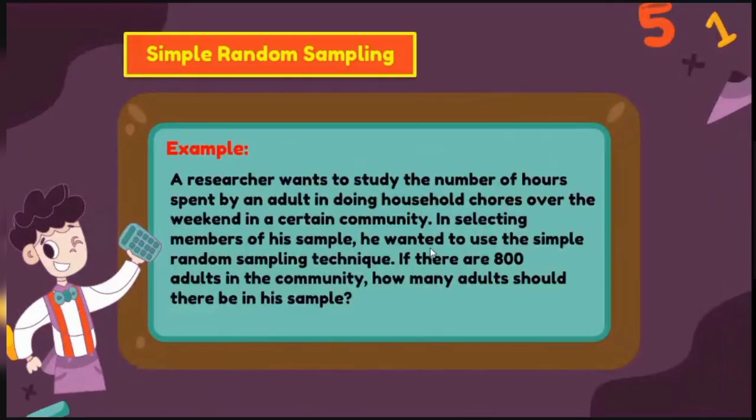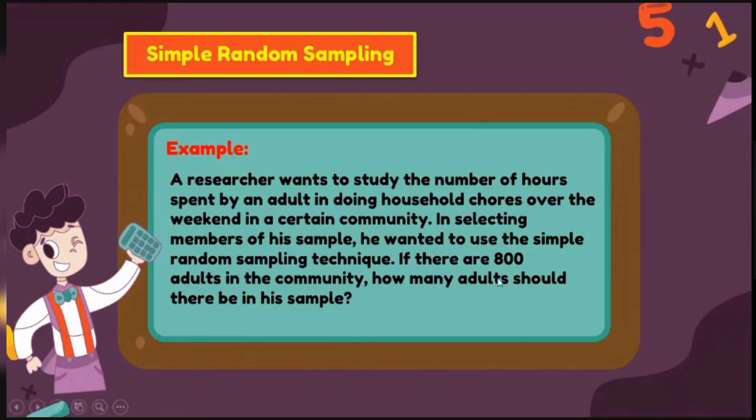So let's say we have a given example. A researcher wants to study the number of hours spent by an adult in doing household chores over a weekend in a certain community. In selecting members of his sample, he wants to use the simple random sampling technique. If there are 800 adults in the community, how many adults should be in the sample?